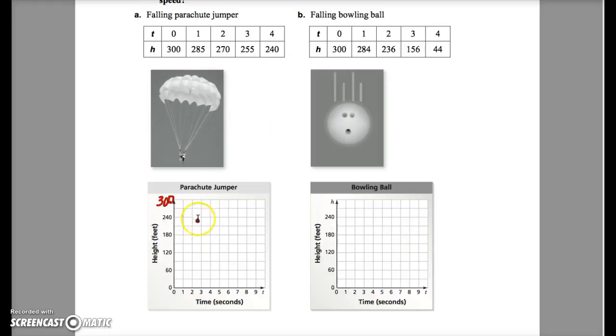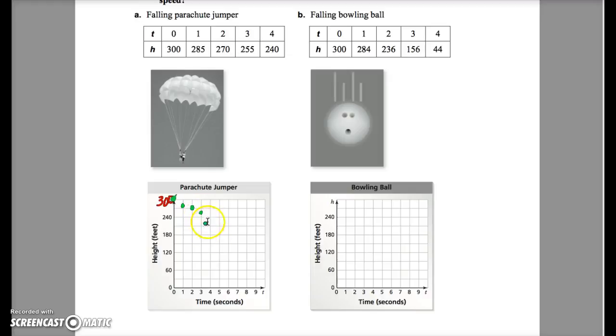So if my first point is at 0, 300, I'm going to have a point right about there. My next point is 1, 285, so over 1, 285 is going to be about right there. 2, 270 is going to be right there on that line. 3, 255 is going to be about right there.